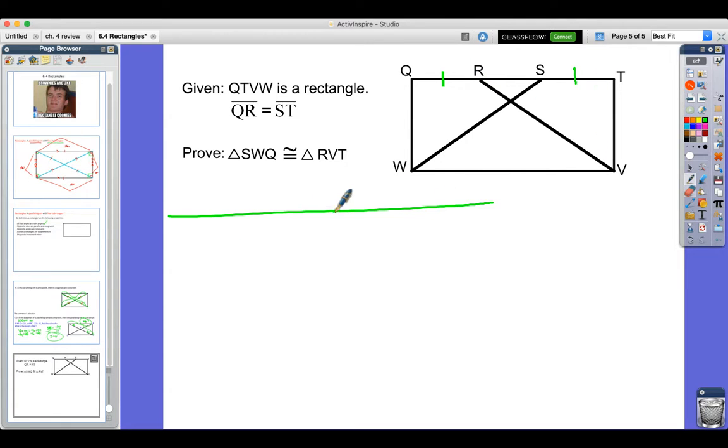So start with the given. QTVW is a rectangle, okay, and QR equals ST. That's given.